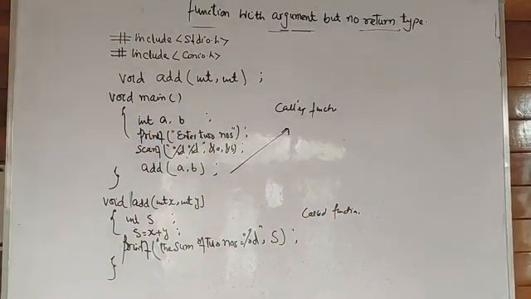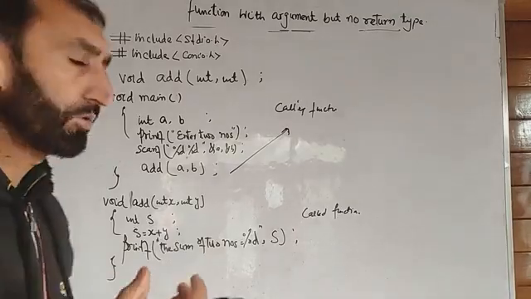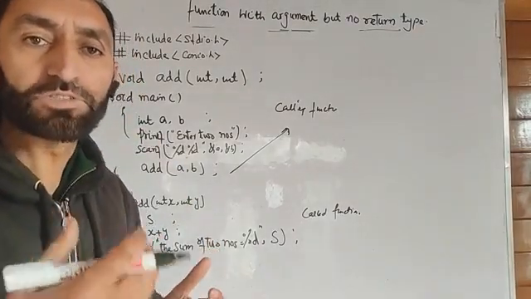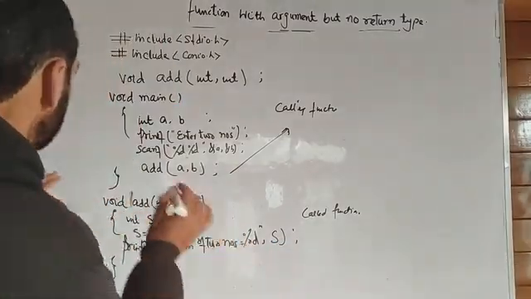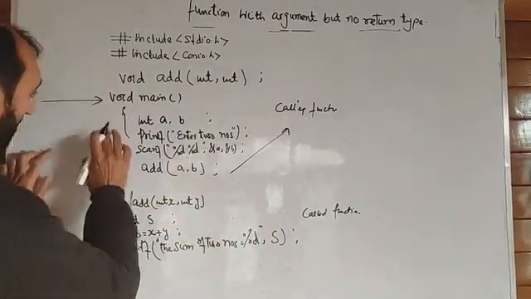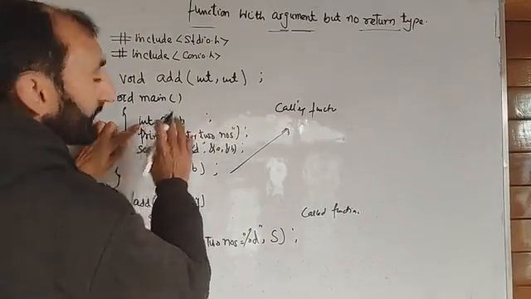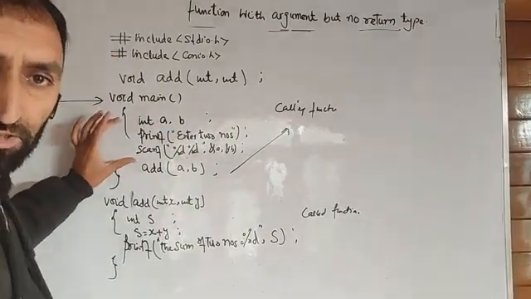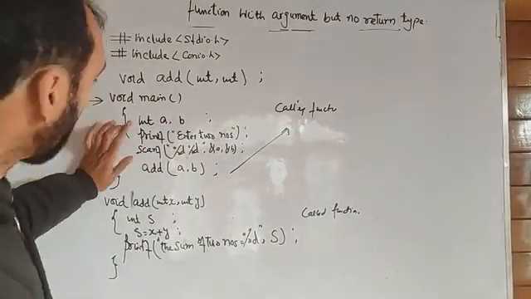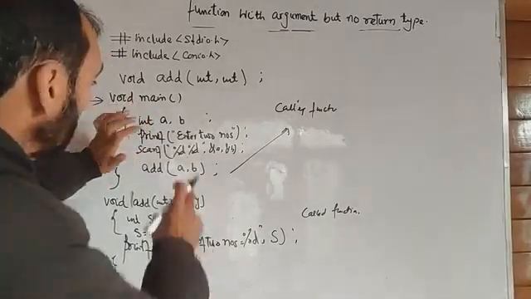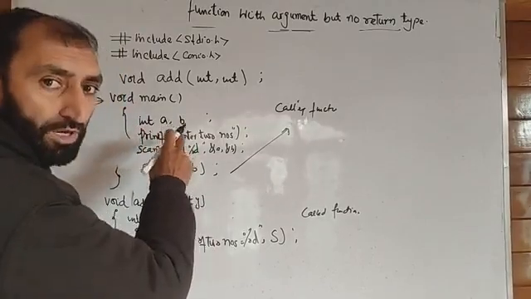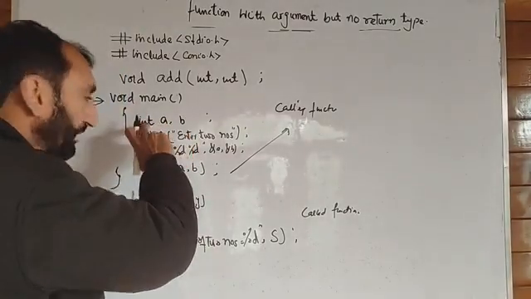So first of all, we know that execution of the program starts from main. We get this execution start at int a, b. In the main function, I am declaring two variables a and b of type integer.